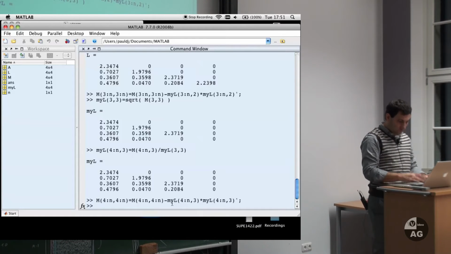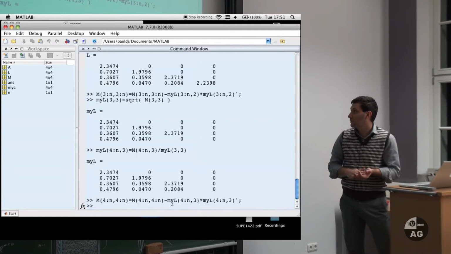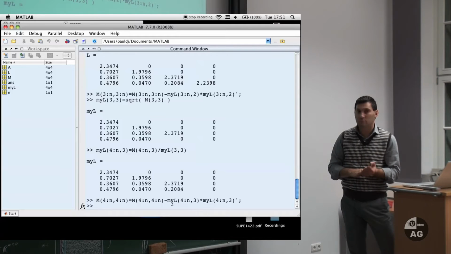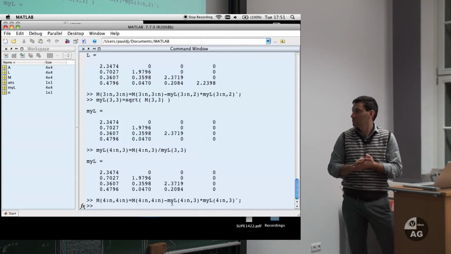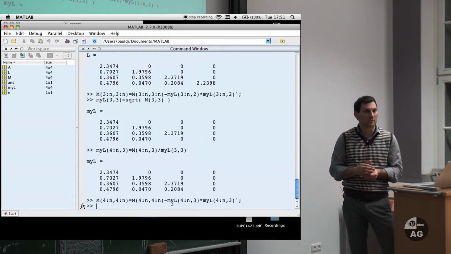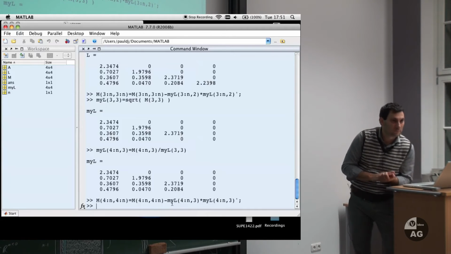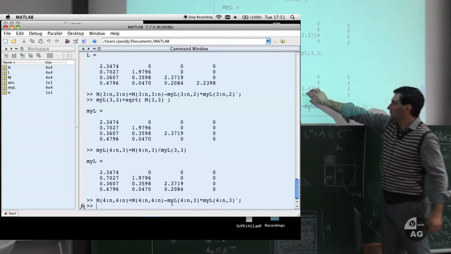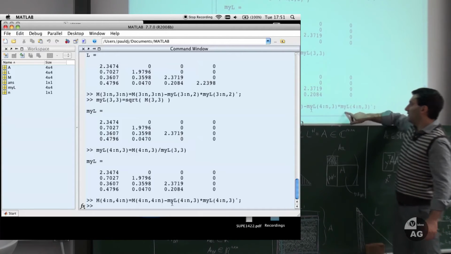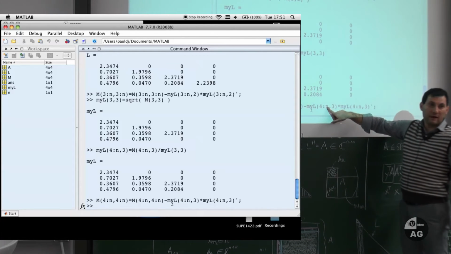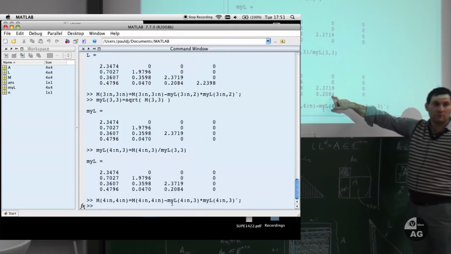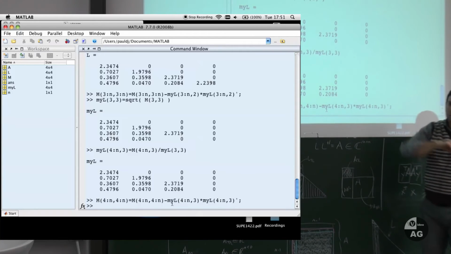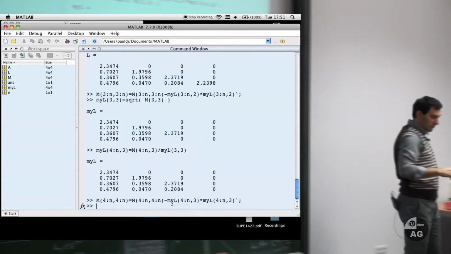It's a scalar, so the transpose is itself. I am taking this entry here, my L, 4 to n, n is 4. So I squared it.